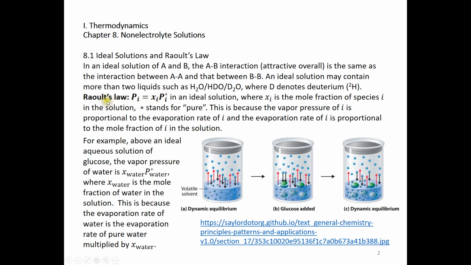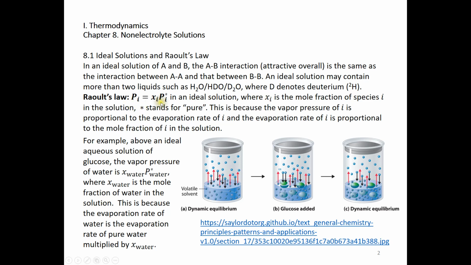Again, Raoult's law applies to an ideal solution. x_i is the mole fraction of species i in the ideal solution. Star stands for pure. P_i star is the pressure of the vapor on top of pure i, and P_i is the partial pressure of i on top of an ideal solution that contains species i.